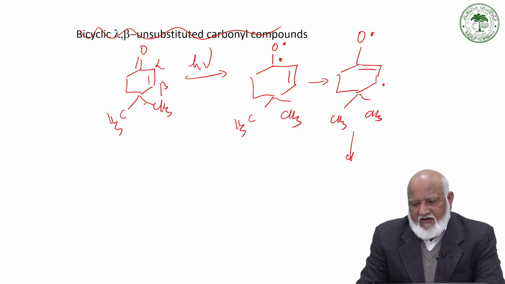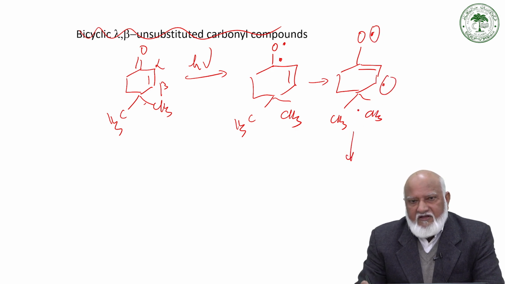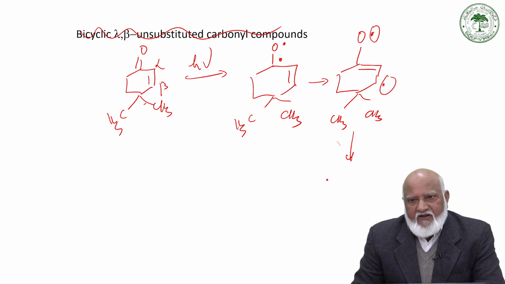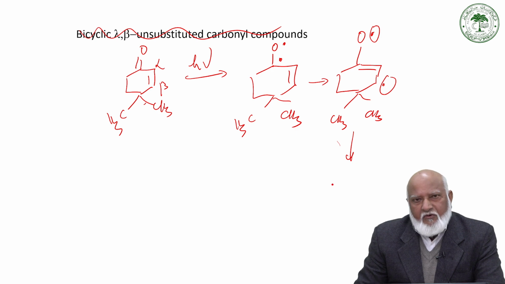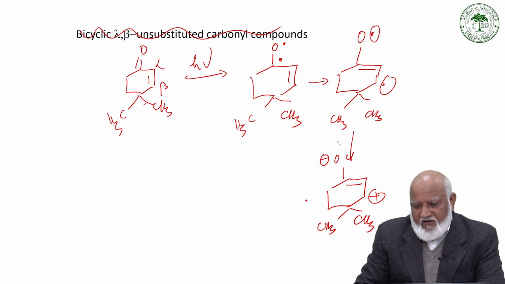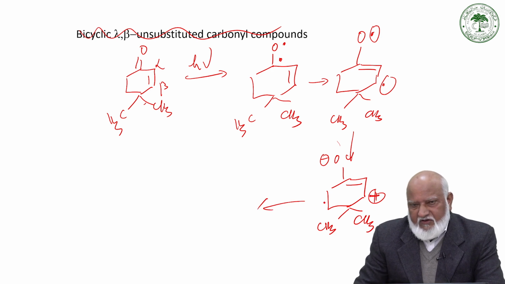And then the diradical species in the case of the enone system has very good evidence of transforming into a dipolar or zwitterionic species. So this gets converted to O minus and a positive charge on this CH3, and now this carbocation is transformed to a more stable carbocation through the shifting of this double bond.